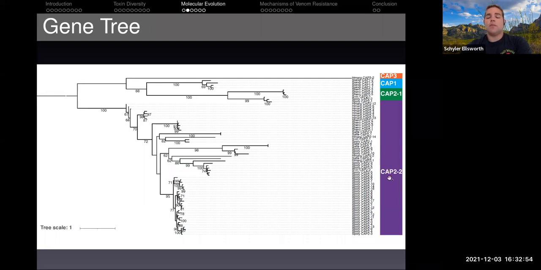These CAP proteins here in purple are calcium channel inhibitors, so they inhibit calcium channel function, and they're more of a neurotoxic component of venoms. It'd be hard to look at the molecular changes within this whole group since they are so divergent, so I just wanted to look at the CAP2-2 proteins, or those calcium channel inhibitors.